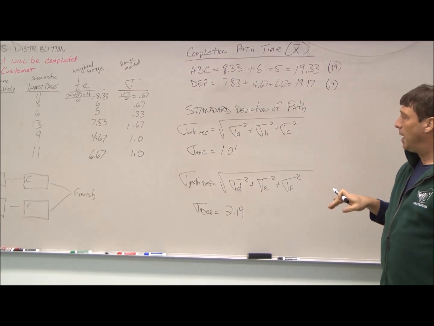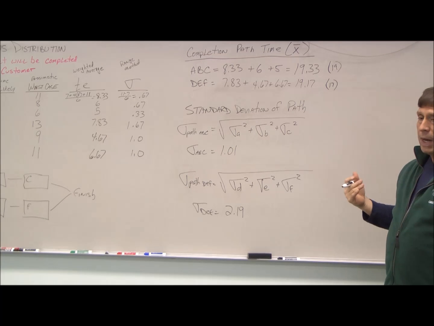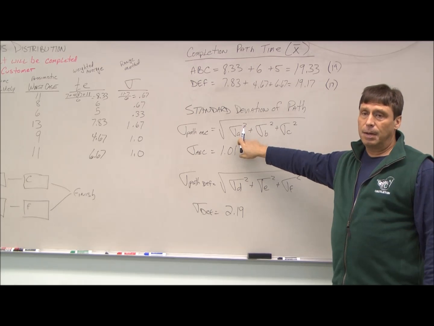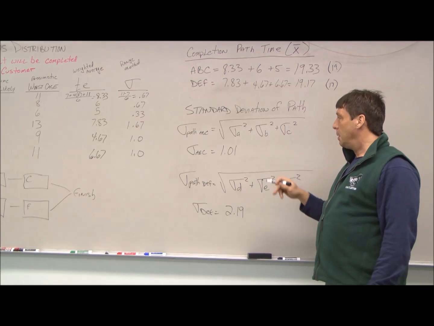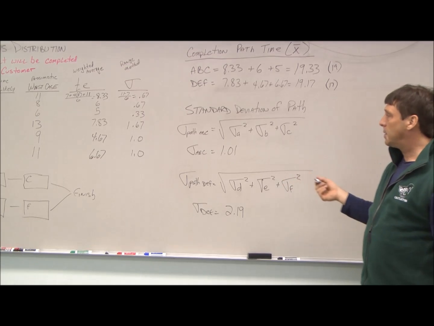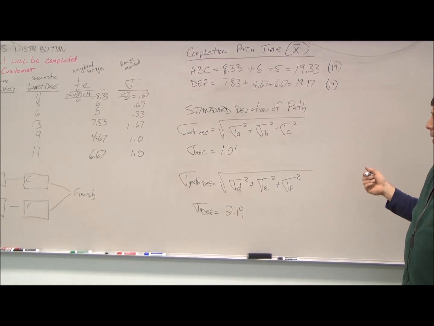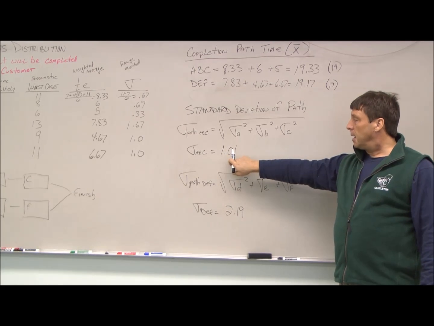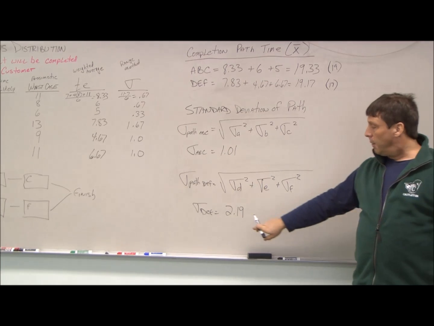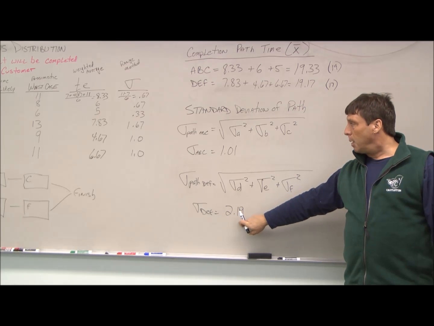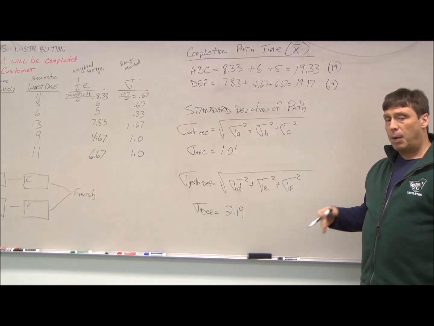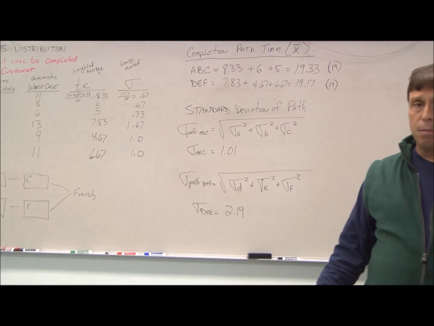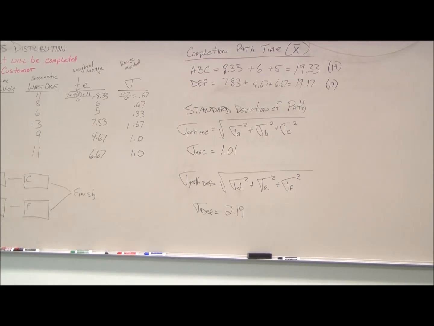The individual deviations we add as variances, because remember the standard deviation is the square root of the variance. So for ABC it comes to 1.01, for DEF 2.19. So now we have enough information that we can answer our customer's question, what are the chances we'll get done in 20 weeks?